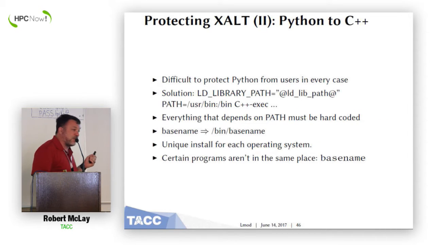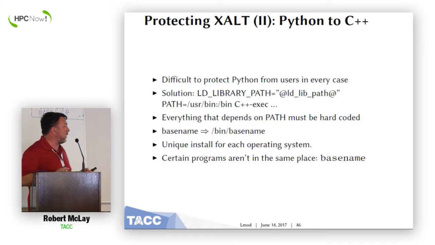But XALT 1 uses Python, and while Python is a wonderful tool, except when I'm using it apparently, I think it's impossible to protect a Python script in every user's account to protect the Python that I have from what they do. And so I have switched from using Python to C++.